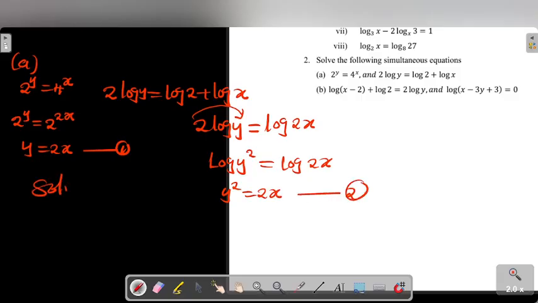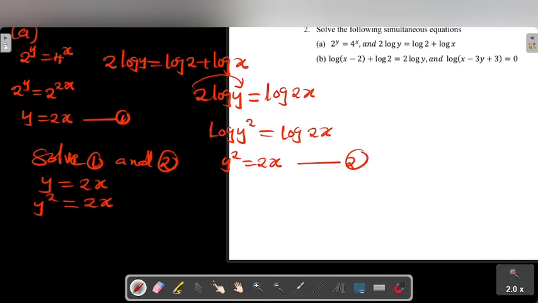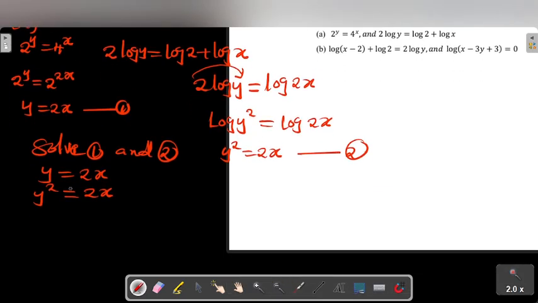Now we are going to solve our first equation and our second equation. We have y equal to 2x, and y squared equal to 2x. Since we are solving for the value of x, we use the substitution method.